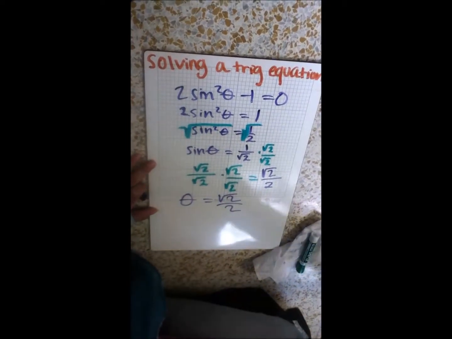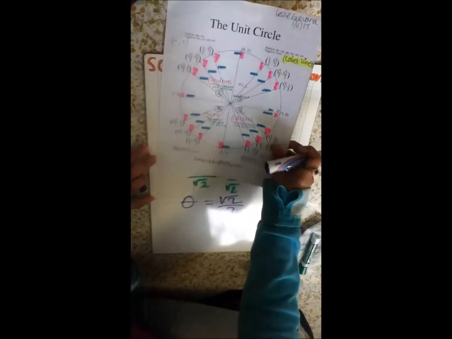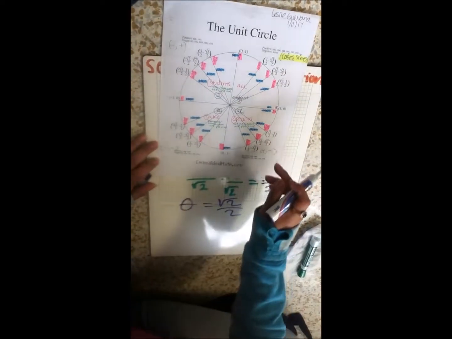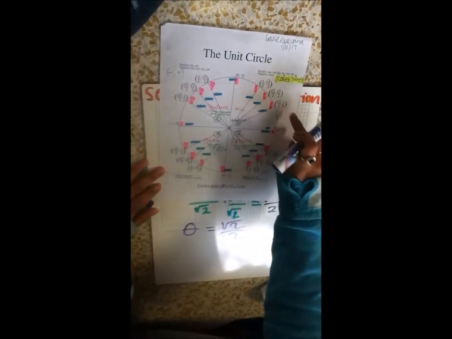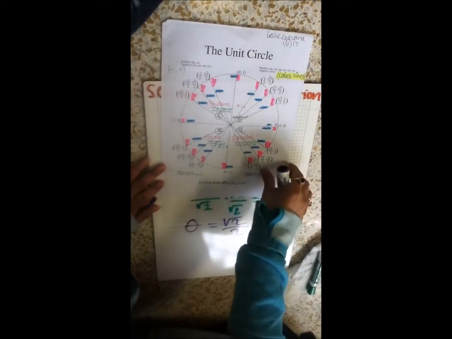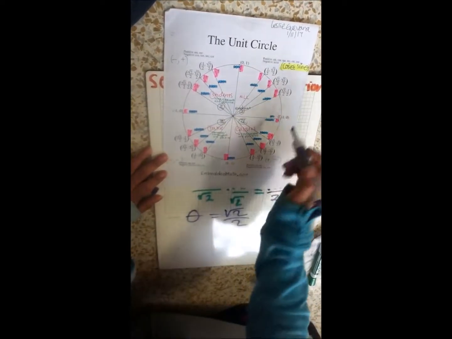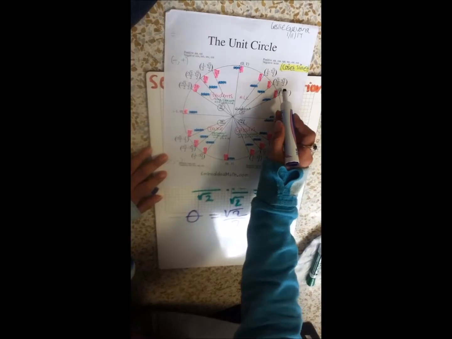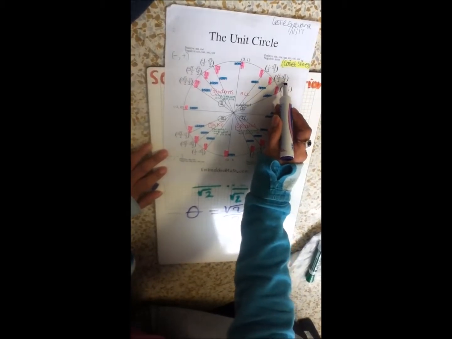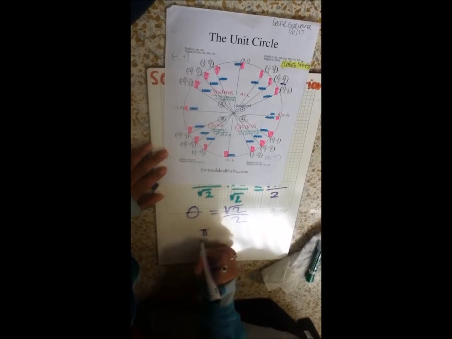And if we look at our unit circle, we're going to find that square root of 2 over 2 in terms of sine is the y-intercept, so we're going to find that it's this one right here, so it's pi over 4.